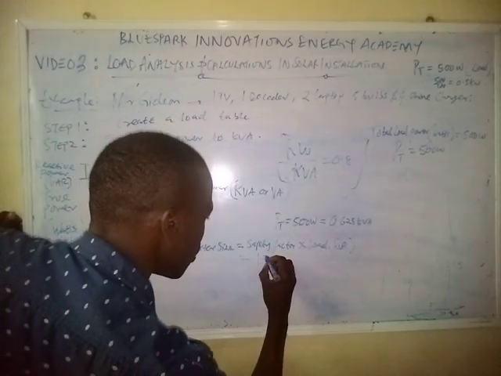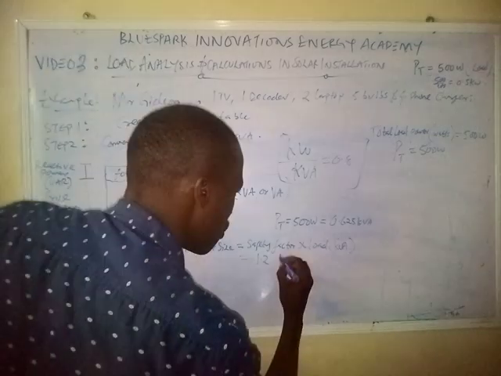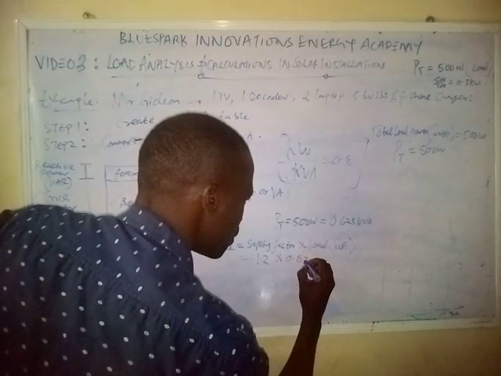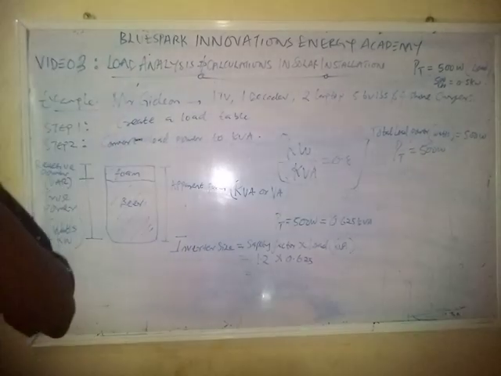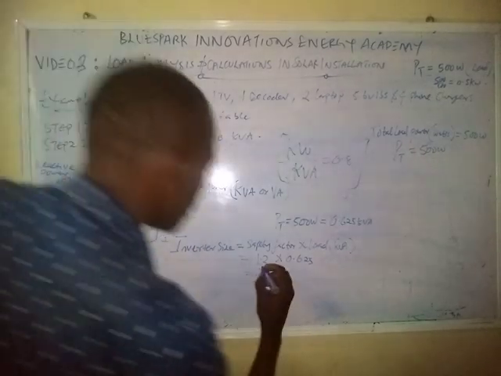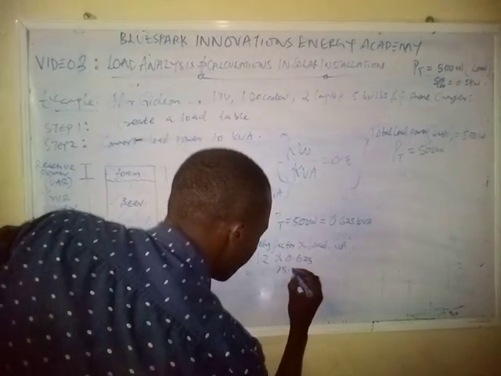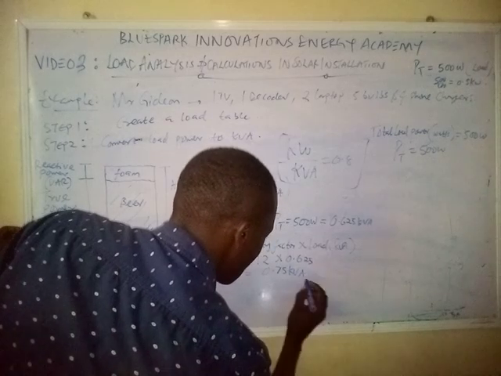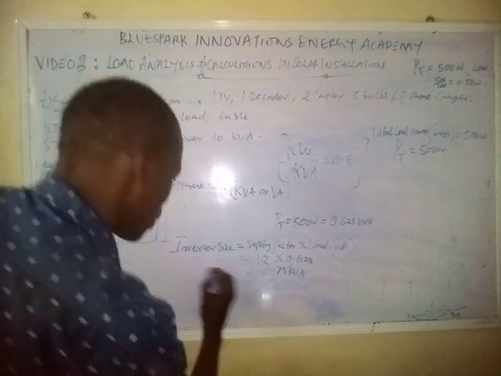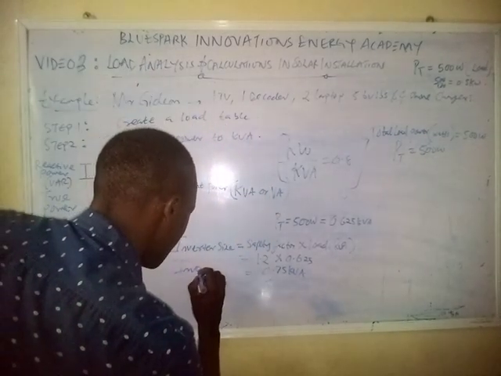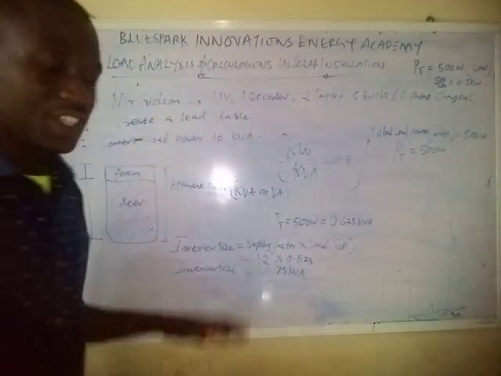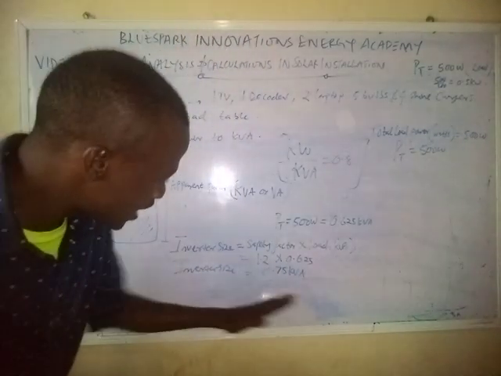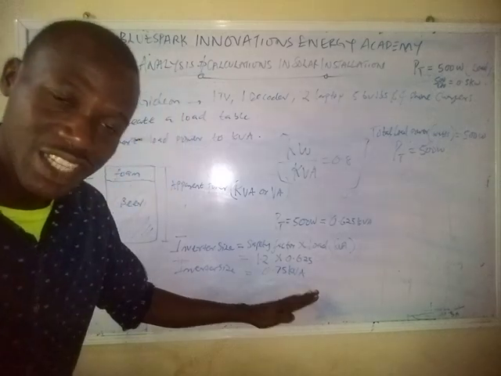What is safety factor? It is a standard 1.2, multiplied by 0.625, and that will give us 0.75 kVA. So our inverter size is 0.75 kVA. So a safe inverter that we can use is 0.75 kVA.